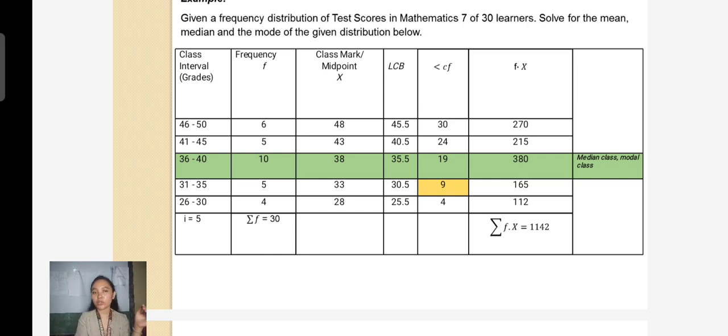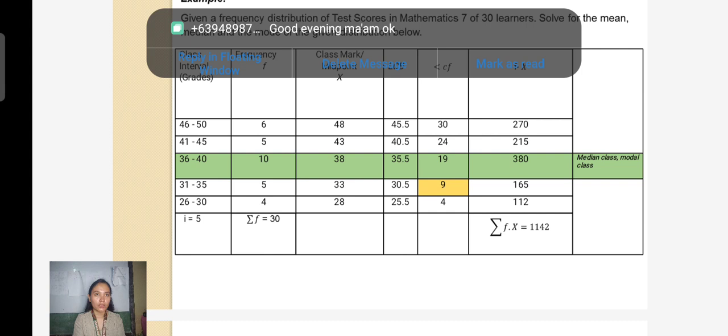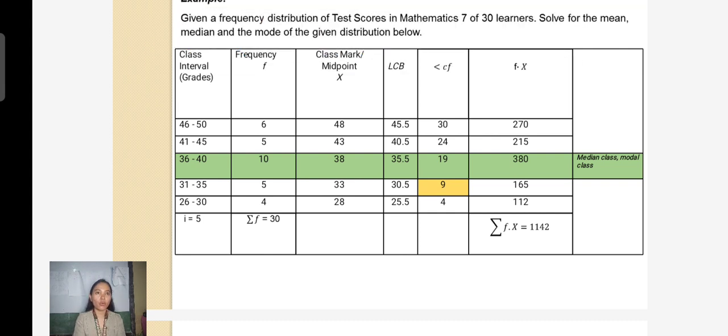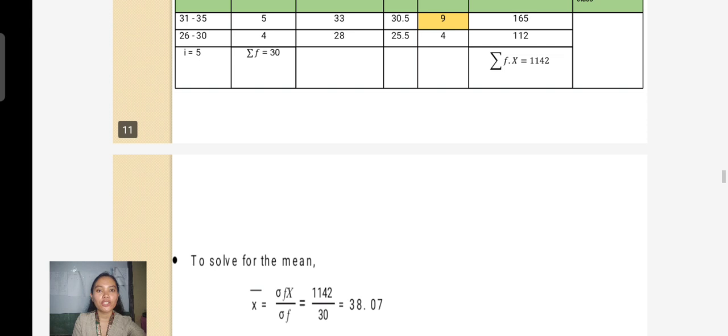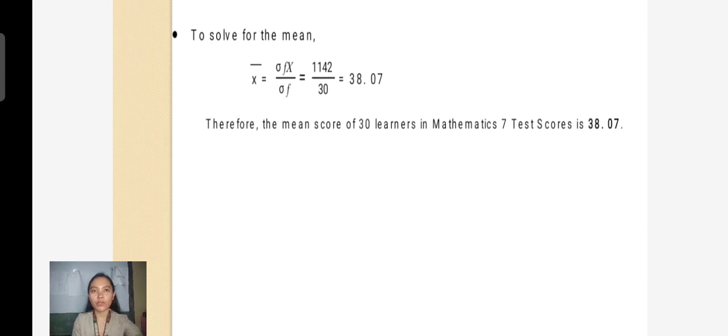And then the summation at the top, the summation of F times X, you add them up, as we discussed earlier. When we see notations, we are going to sum it up. So, therefore, that is equal to 1,142.